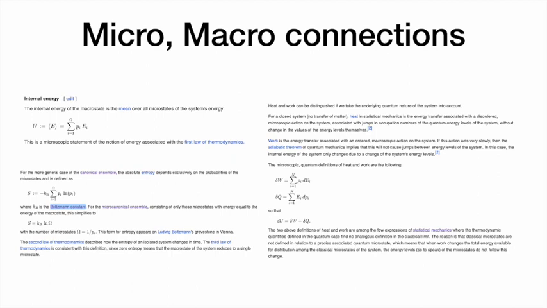So when there is a macro change, the microlevel states are not going to follow a corresponding change. Because of this disorder, there will be different values and expected results might not match.